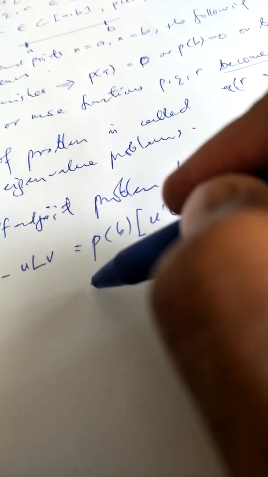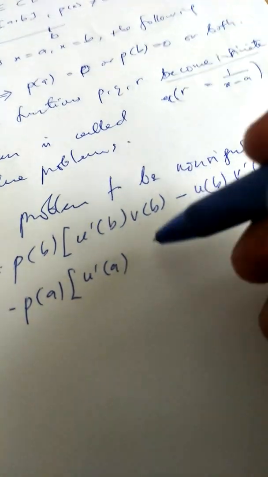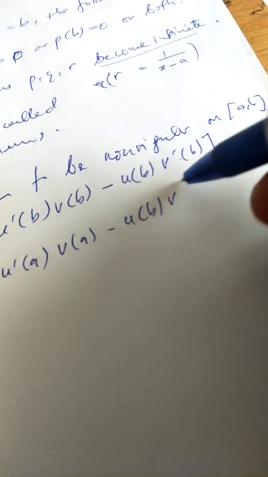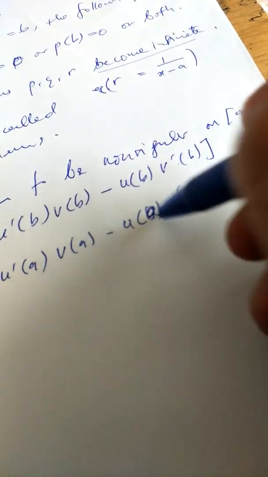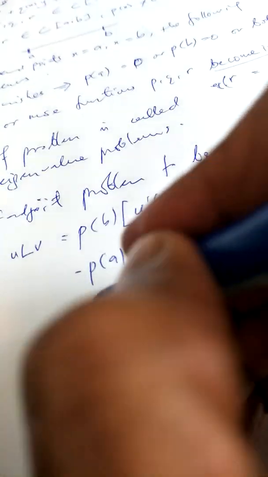So you have p(b) times (u prime(b) v(b) minus u(b) v prime(b)), minus p(a) times (u prime(a) v(a) minus u(a) v prime(a)), and this must be equal to 0.